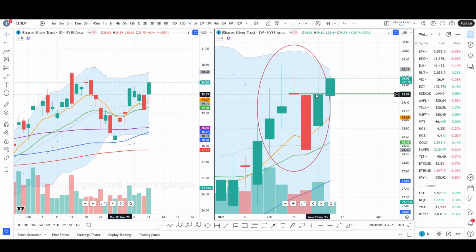It could have closed higher and it would be a reversal, but it failed, and now the odds are still bearish. If this current weekly candle closes again below this green line, it would be a big signal for a potential big reversal. This is what we'll be looking for in the next couple of days.